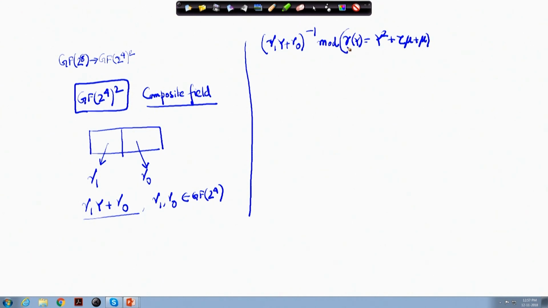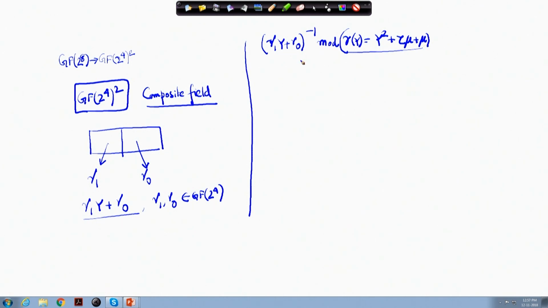Remember that when we talked about composite fields in the last class, we were doing this modulo operation, and this is one of those polynomials, where you are handling elements in GF((2^4)^2).